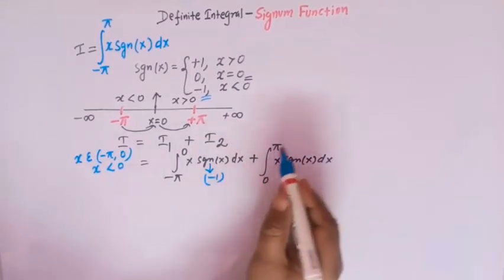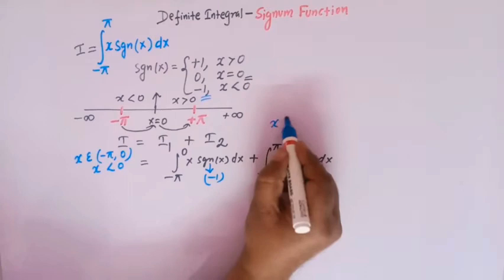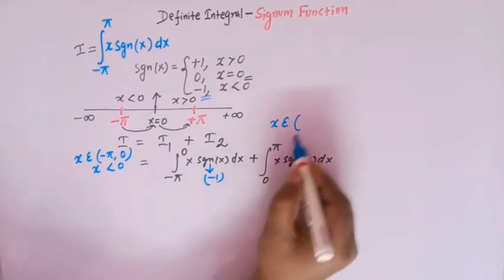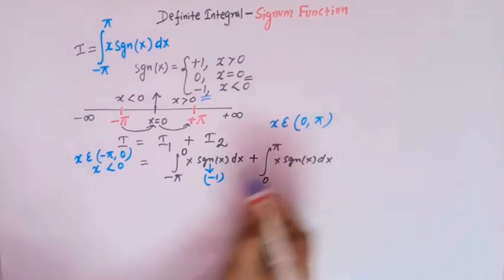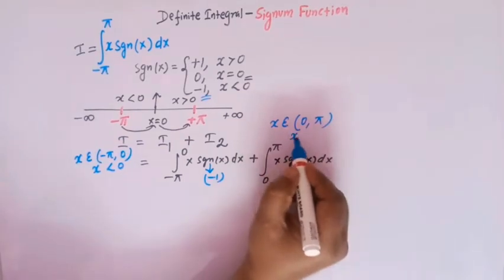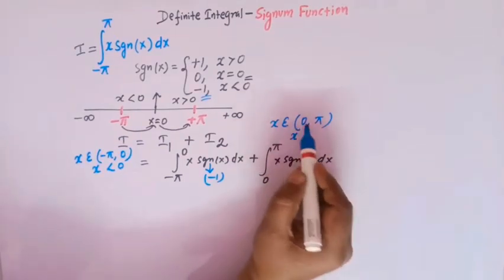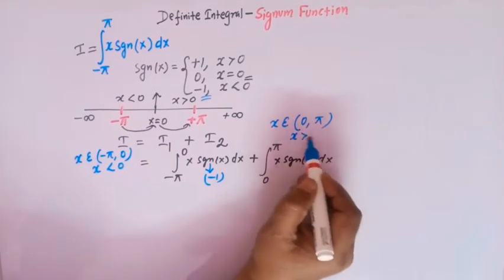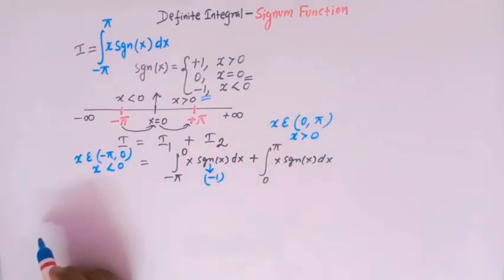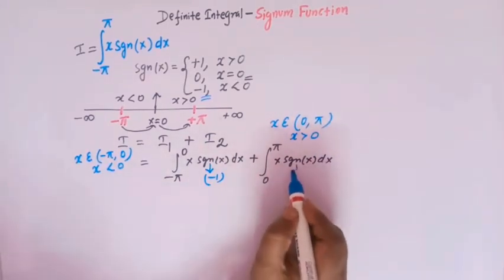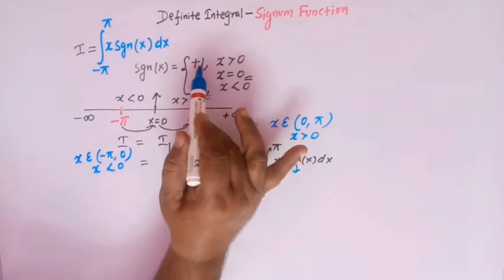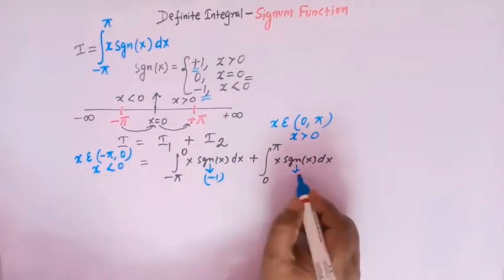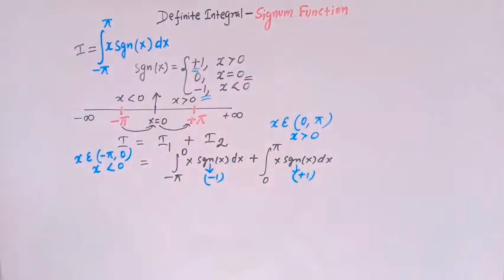And when x belongs to the interval from 0 to pi, all the values lying between 0 and pi are greater than 0, so signum of x will take the value positive 1.